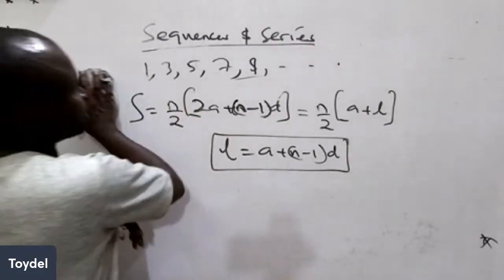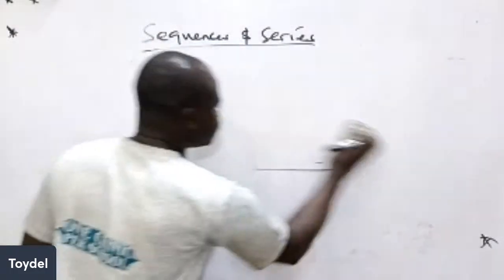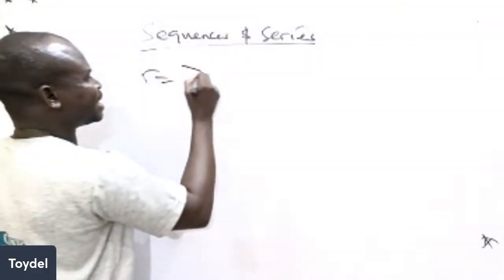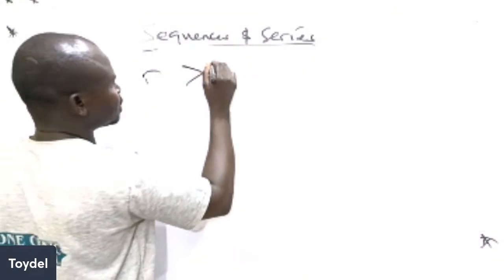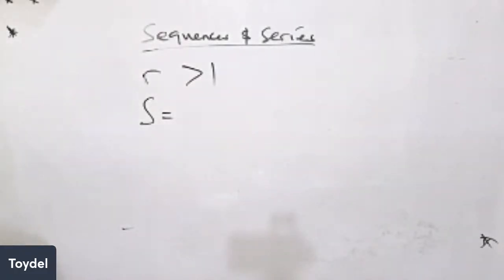But when it comes to GP, the sum of GP, there are 3 formulas involved depending on the value of r. If r is greater than 1, the sum of GP has its own formula. If r is less than 1, there's another formula.